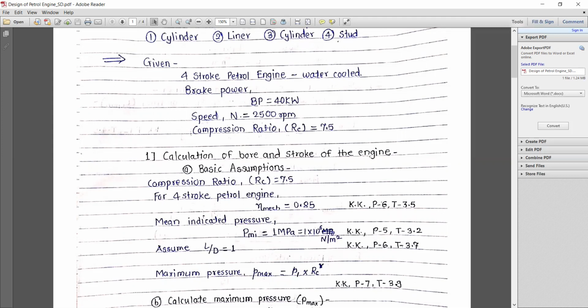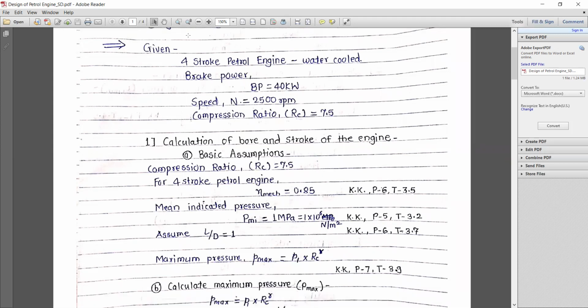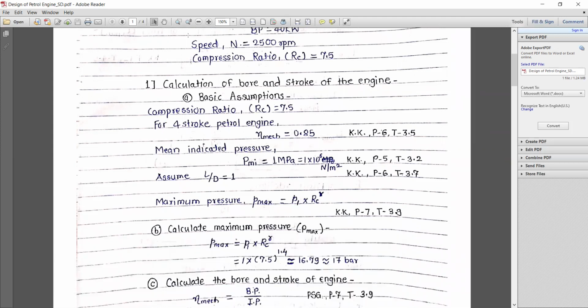Basic assumptions: the compression ratio is 7.5, and for a 4-stroke engine the mechanical efficiency is 85%, referring to the design data book of Kale Khandare, page number 6, table number 3.5.